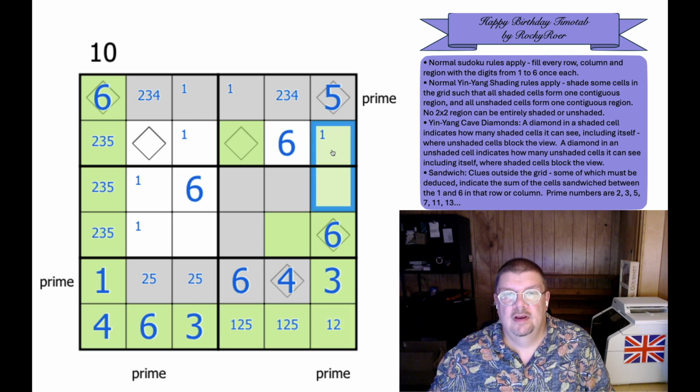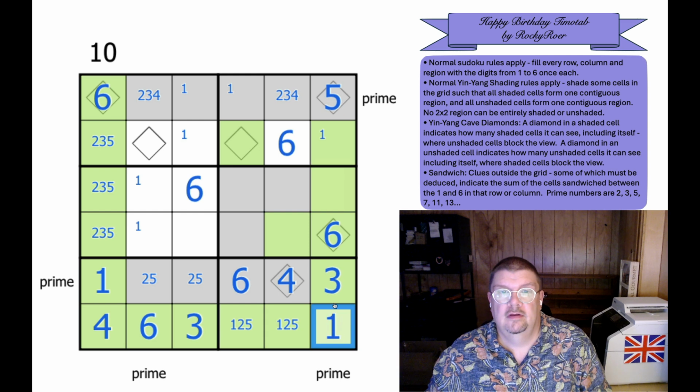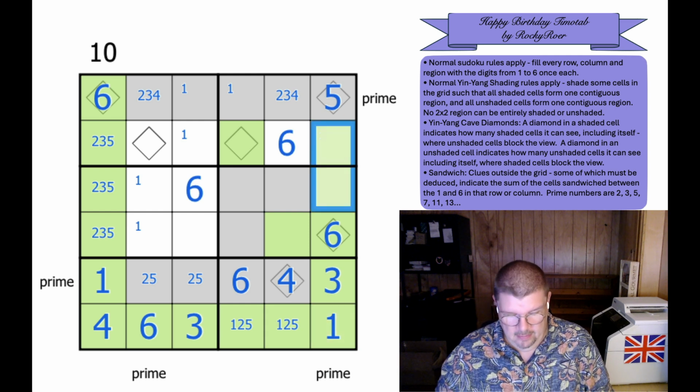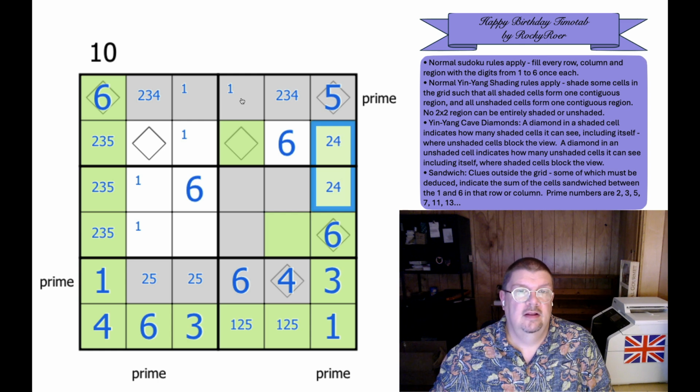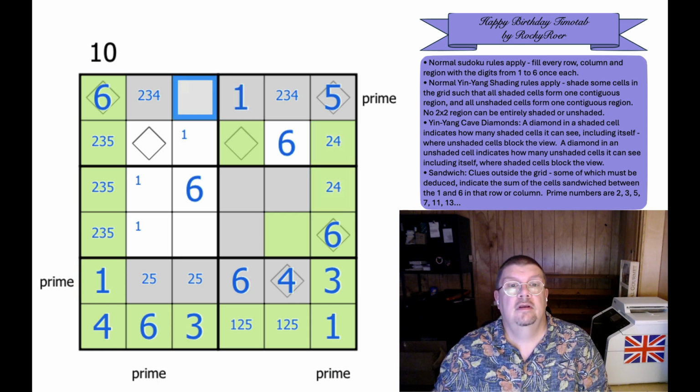Yeah, one of these has to be 4. It can't be 1, 4 because 4 is not a prime, and it can't be 4, 1 because then that would be a 0, and 0 is not prime. So that means this has to be where the 1 goes, and this is a 2, 4 pair. We've eliminated that as a candidate for 1, so that's a 1.